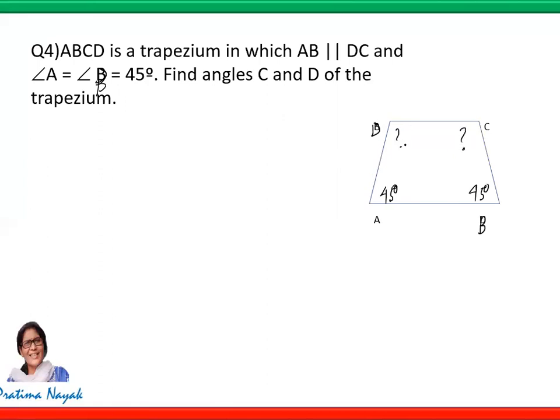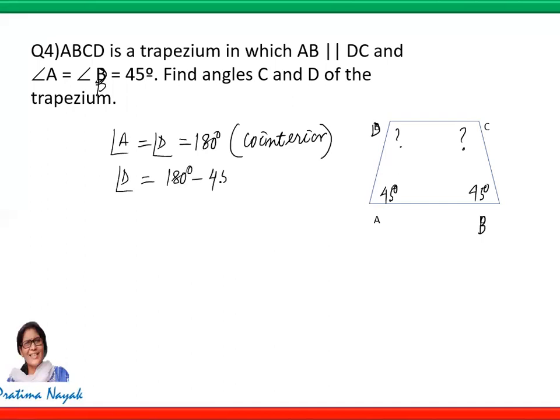You know that A plus D is equal to 180 degree. Why? These are co-interior angles. So if angle A is 45 degree, angle D will be 180 degree minus 45. That will be 135.